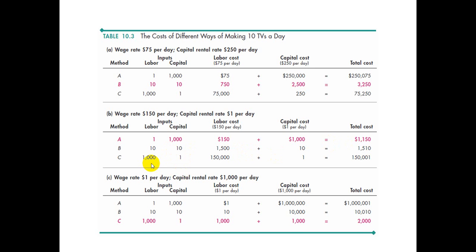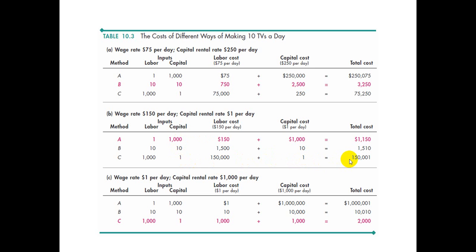Method number C, 1,000 labor, so the labor cost is 1,500 plus capital cost 1. Notice we will use just 1 unit of capital. The total equals 150 and 1.